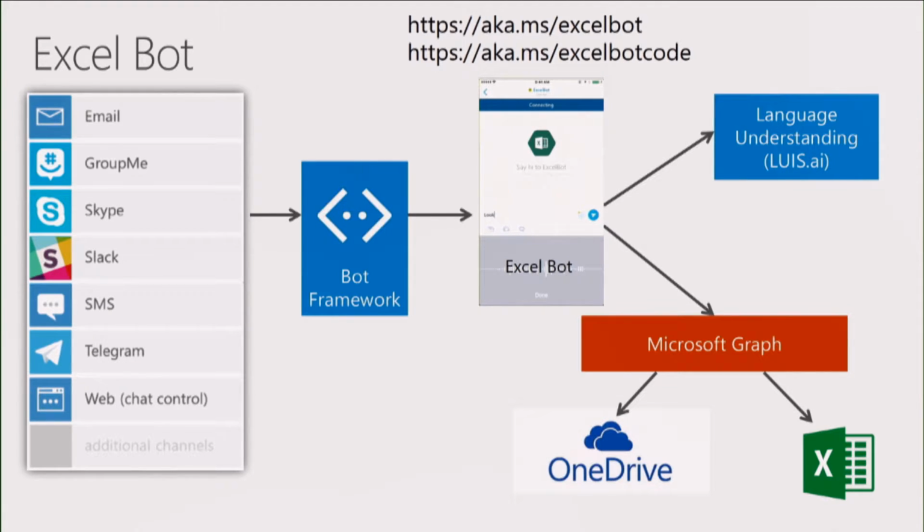As part of the Excel bot code, we have a set of workers that take that intention of the user and translate it into requests for the Microsoft Graph. If you want to check out the code, aka.ms/Excel bot code has all of the code of the Excel bot.